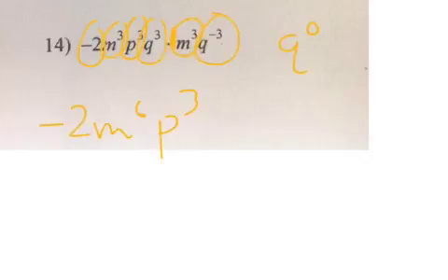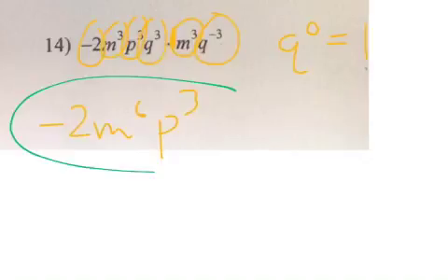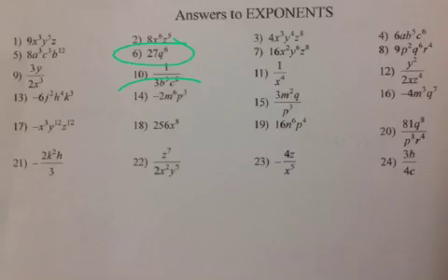Because 3 and negative 3 is 0, right? And of course q to the 0 is 1. In essence, there's no more q. So this is our answer, right? Negative 2 m to the 6 p cubed. Let's check that real quick. So if we look right there, negative 2 m to the 6 p to the third.